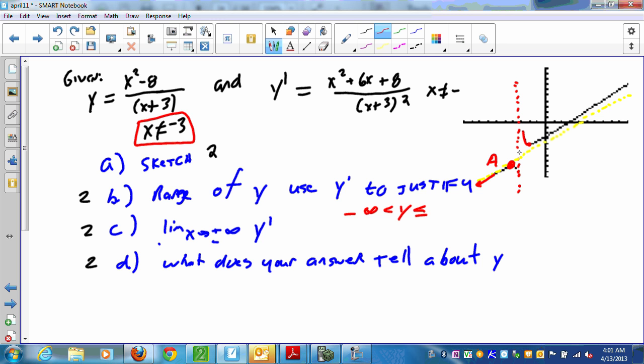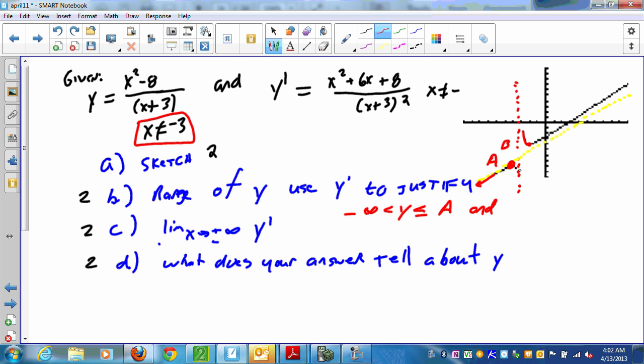I guess we could call that A, and then it picks up again at a relative minimum at this point.